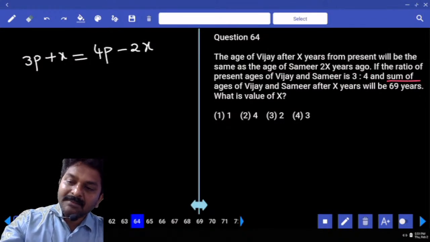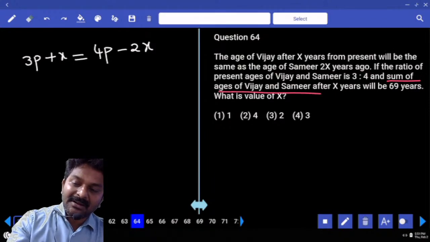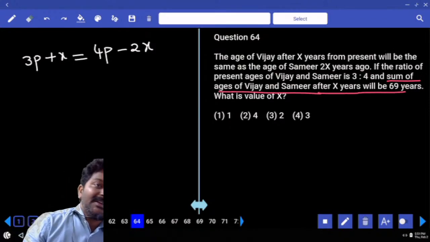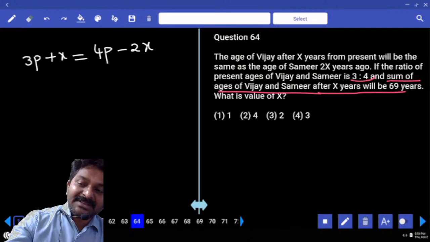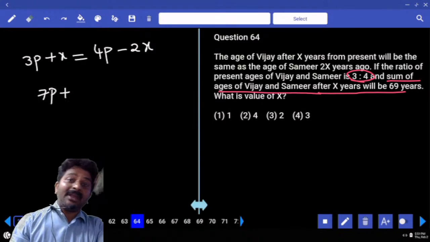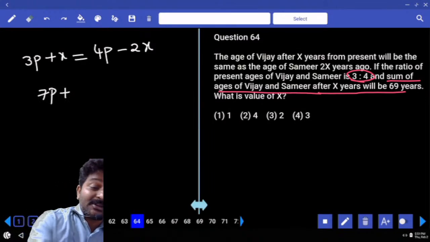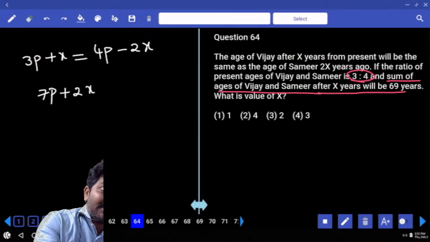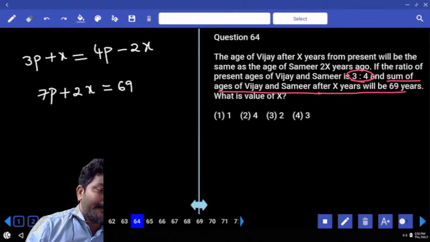Continue. The sum of ages of Vijay and Samir after x years will be 69. The sum of their present ages is 7 parts. For every member we have to add x years, for 2 members together we have to add 2x, which is equal to 69.